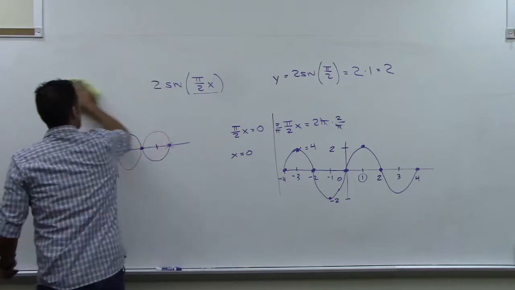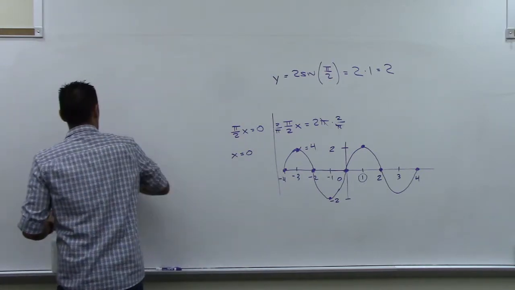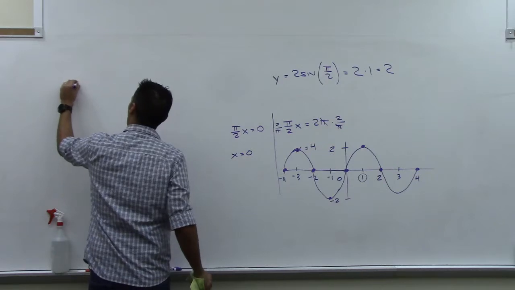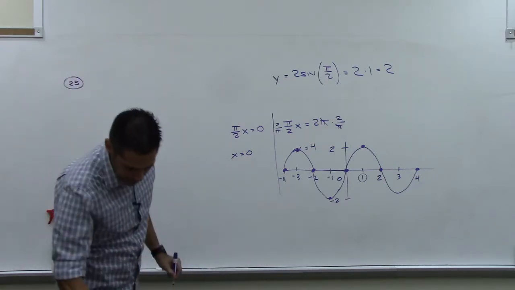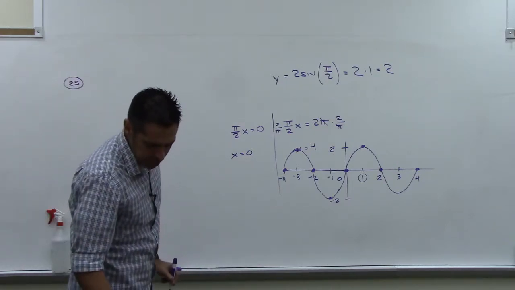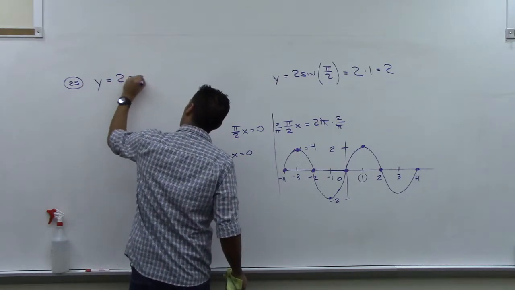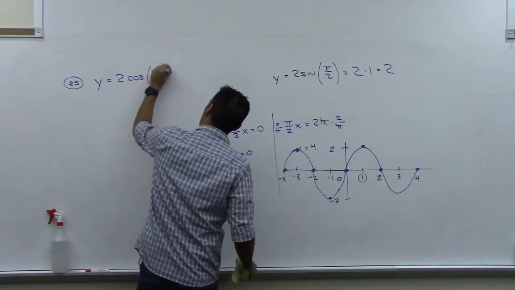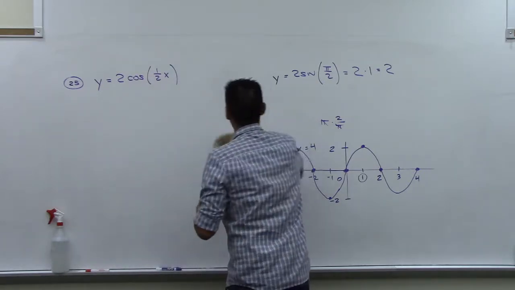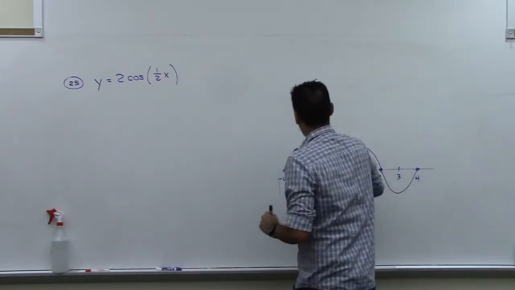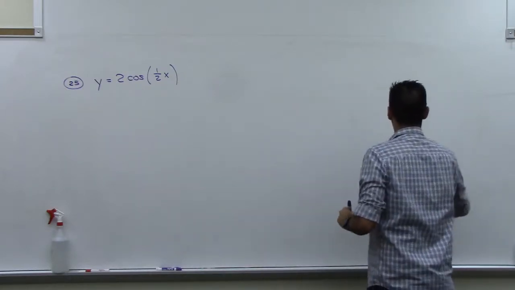All right, now let's look at number 25. I'm going to follow the same exact format for 25. We have y equals 2 cosine of 1/2 x. To do this, I'm going to use the fact that I know what a basic cosine function looks like.